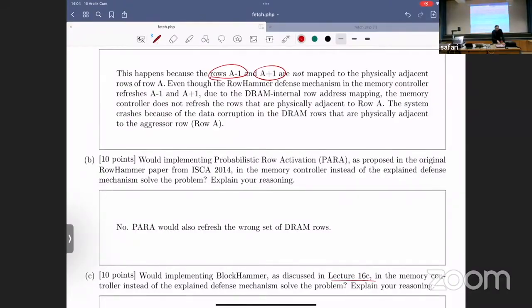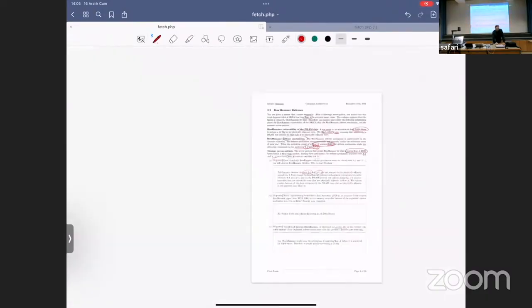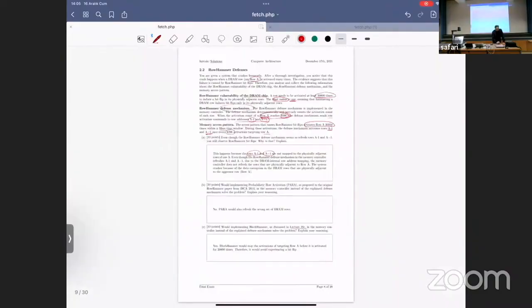So it guarantees that no row will be activated more than 20,000 times. Since the activation count is limited that way, even though A-1, A+1, X-1, X+1 are mapped to different rows, it doesn't matter for BlockHammer. It would save the day, basically. And that's the answer, yes. And that's the end of the second question.